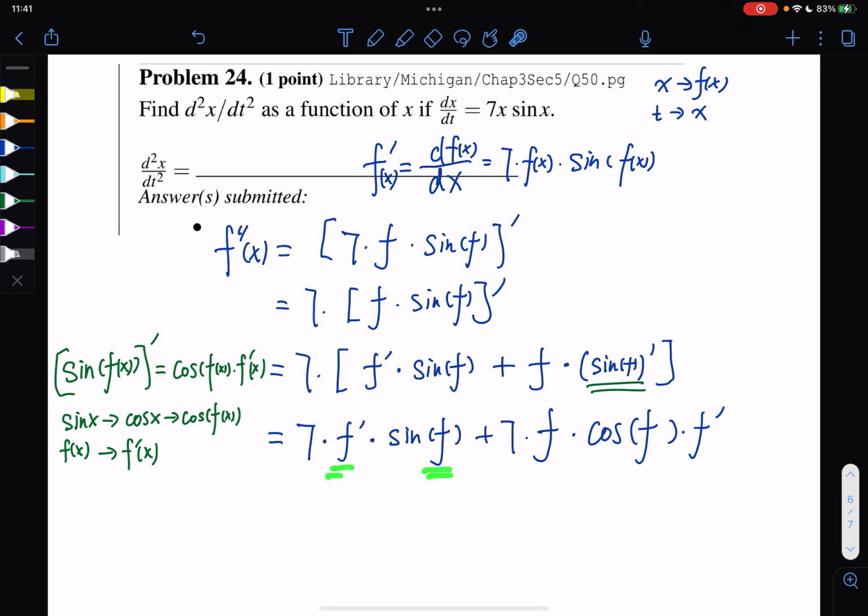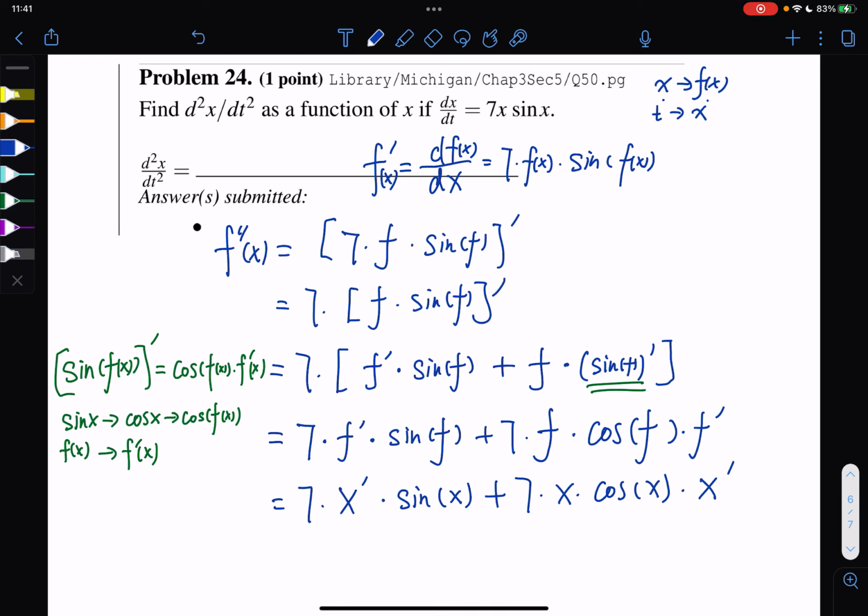So technically, I shouldn't have f appear in my answer. F was my short form of my x, so I'm going to translate every single f back. So it's 7 times x prime times sine of x plus 7x cosine of x times x prime.